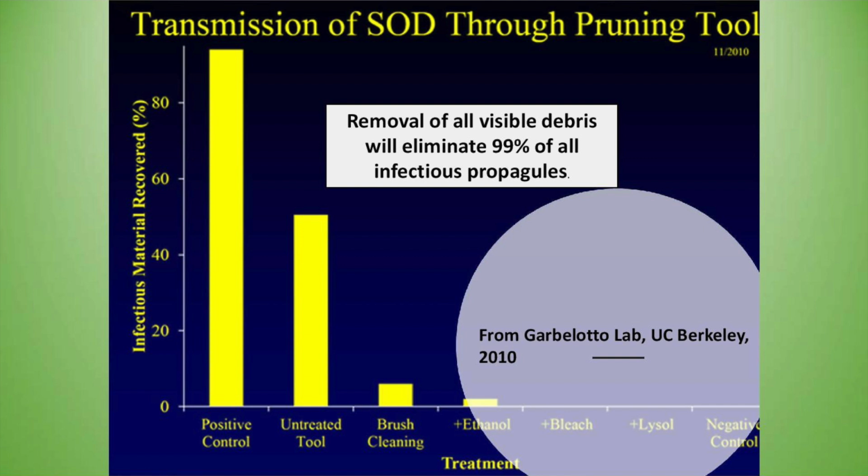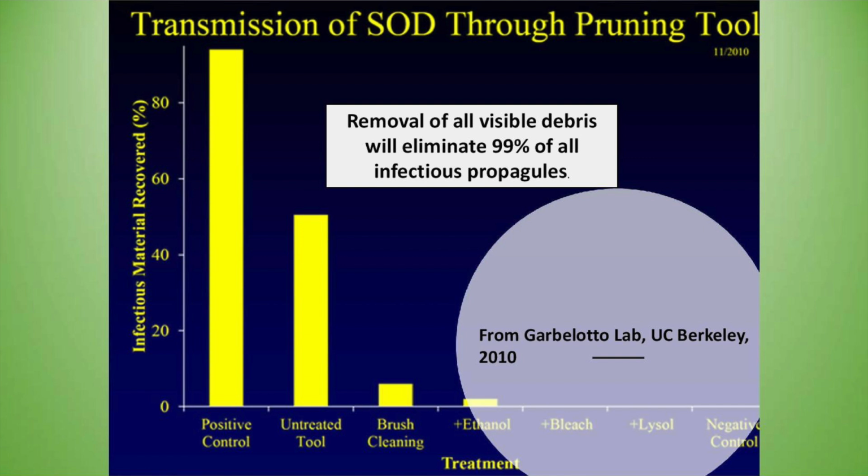To test the effectiveness of tool cleaning on the transmission of Phytophthora ramorum, a chainsaw and handsaws were contaminated with sudden oak death-infected wood chips and sawdust. The saws were treated by different methods in an attempt to decontaminate them, which included removing the visible organic matter with a wire brush or brushing followed by a disinfectant rinse.